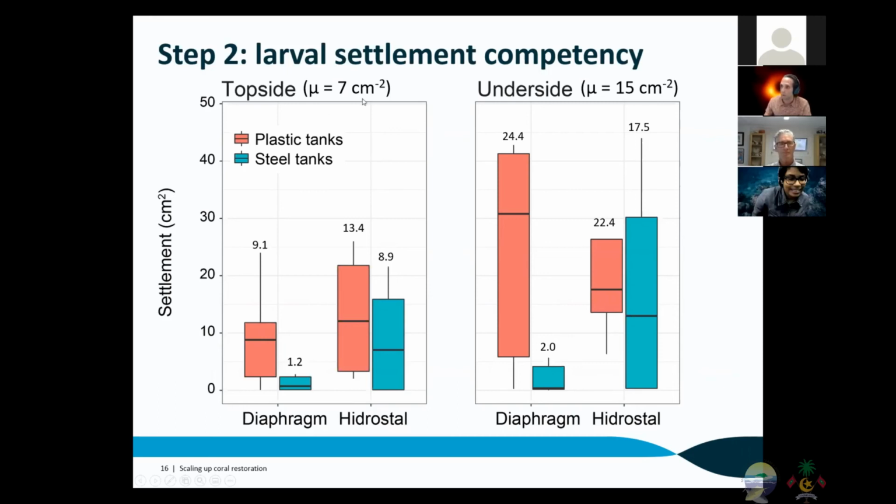On the top sides of the tiles, the average is 7 individuals per centimetre squared, and that's double on the undersides of the tiles, on average 15 settlers per centimetre squared. You can see some differences here with a diaphragm pump in the steel tanks, and maybe that was related to the slightly warmer temperatures in those.